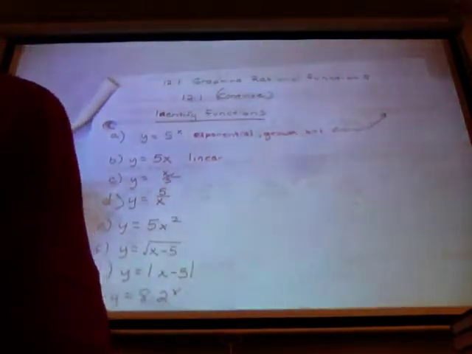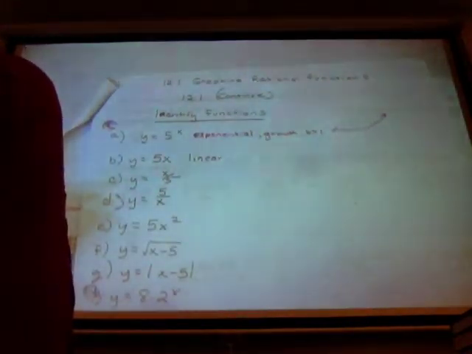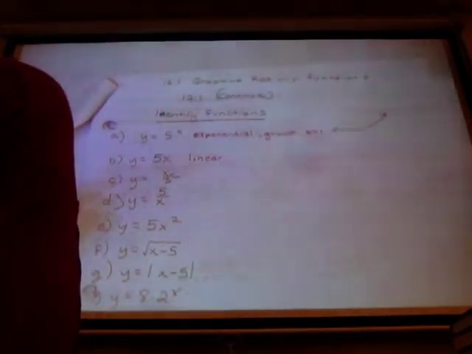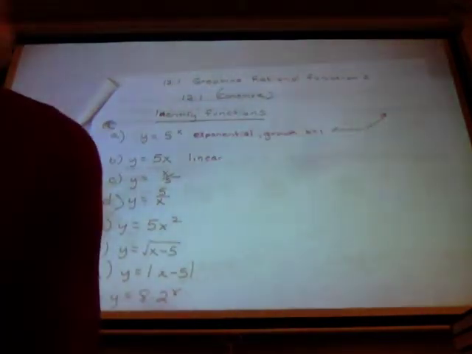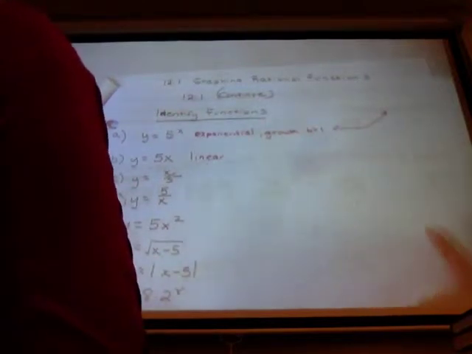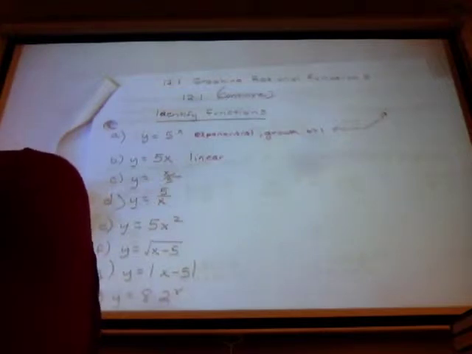Okay. What is this one? Linear. And Jordan, what can you tell me about this one? It's linear. What can you tell me about the line? It's straight. Most lines are. Otherwise, there are curves. There's something else you should be able to tell. What does the 5 stand for?